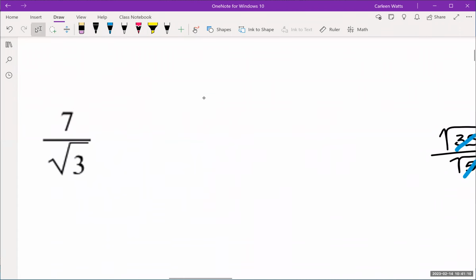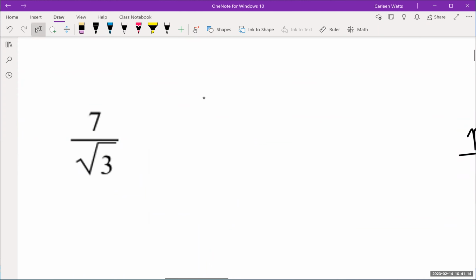Okay, you do this one, please. Multiply by bottom over bottom. So I'm going to multiply by bottom over bottom. I just multiplied by a form of 1. I did not change the value.